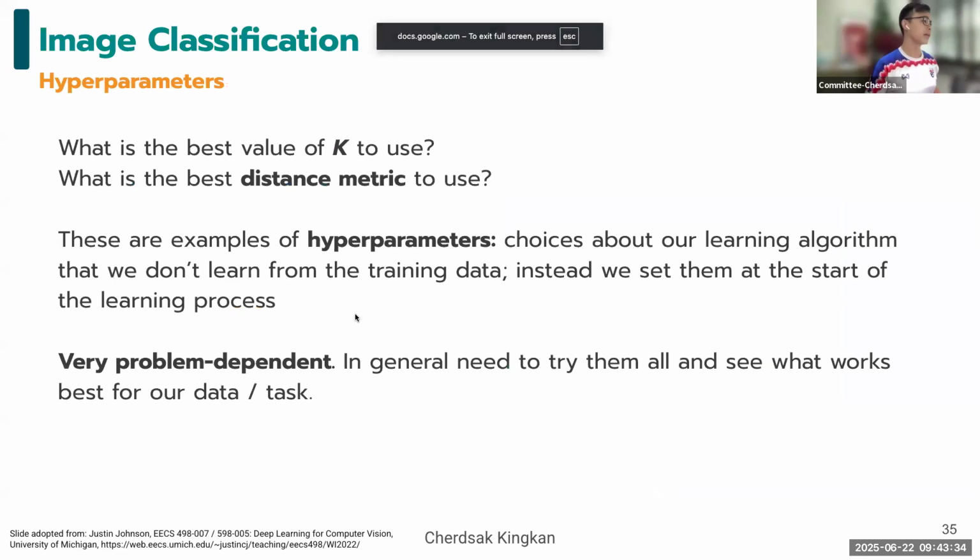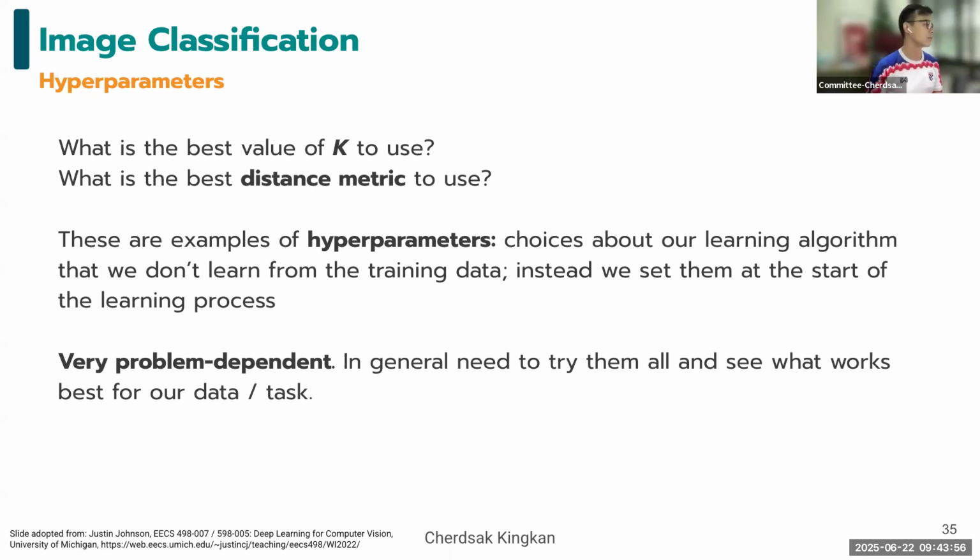All right, when we're talking about k nearest neighbor, there's a k. That's what we call a hyperparameter that we can choose or vary so that we can find the best value for our data set.